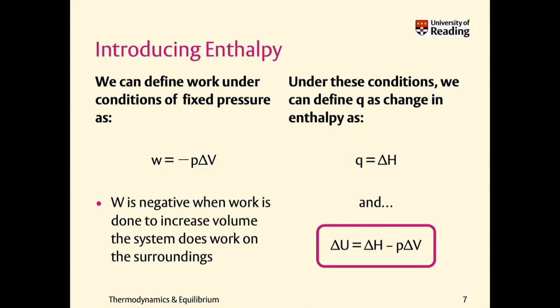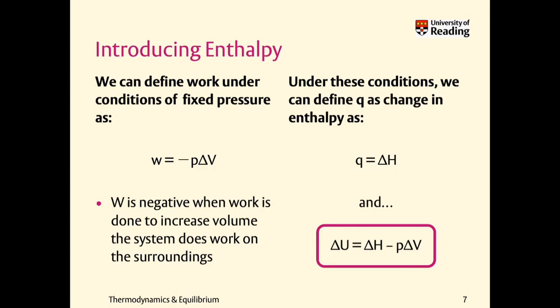The change in enthalpy is defined as being equal to Q under conditions of fixed pressure, which is the conditions that we're talking about in this system here. So now the heat flow, Q, is delta H.